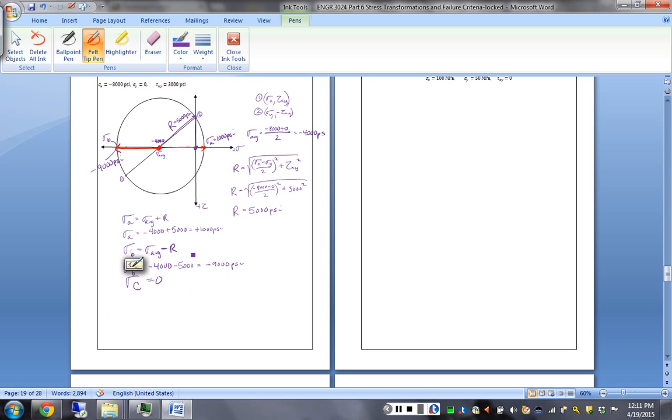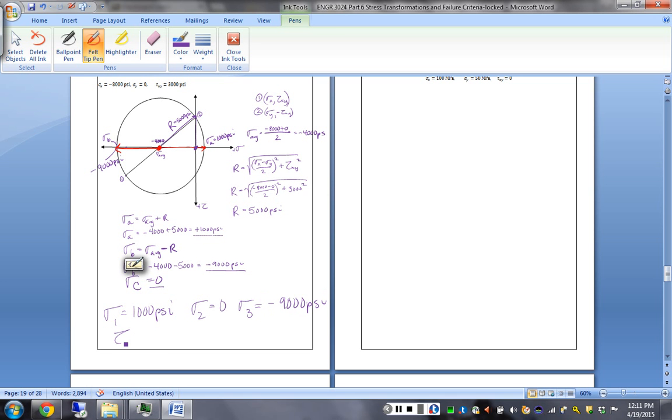So we have 1,000, 0, and minus 9,000. So sigma 1 is the largest of those, 1,000. Sigma 2 is 0, and sigma 3 is minus 9,000.